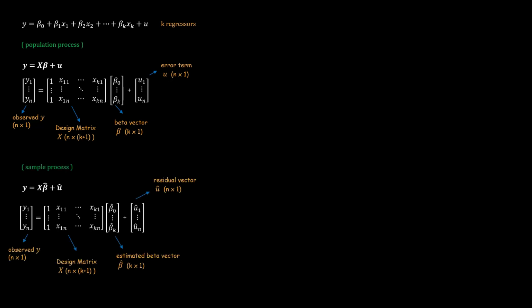Now here is the sample process. The only difference between the population process and the sample process is that everything is actual in the population process, whereas in the sample process only X and Y are actual, and beta and errors are estimated.